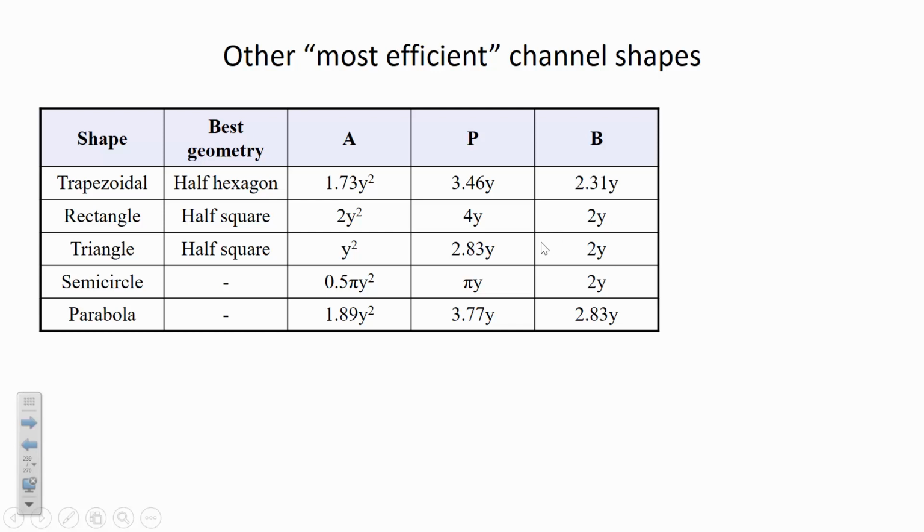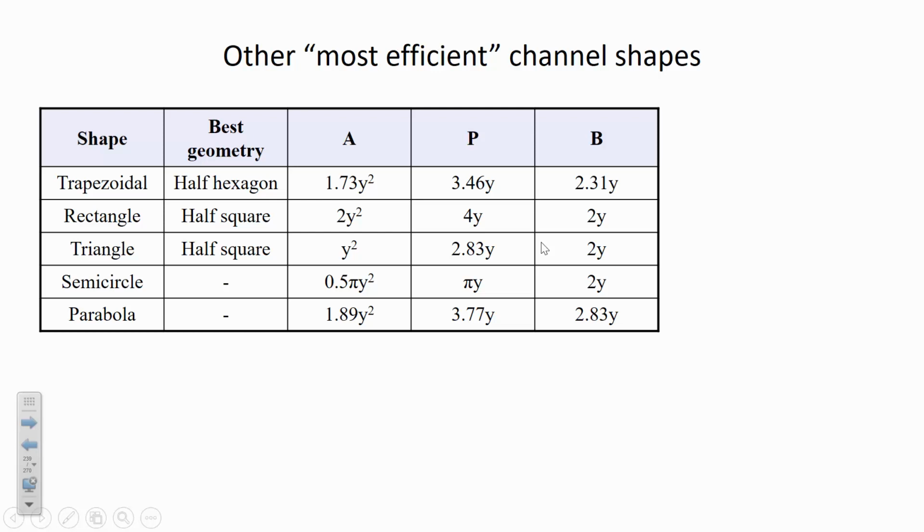So we have an area of 20. That was the common thing in all of our comparisons on that spreadsheet: all of them had the same area. So if we know that the area is 20, A equals 20 square meters, and we're doing the half square, the area is going to be 2y squared.